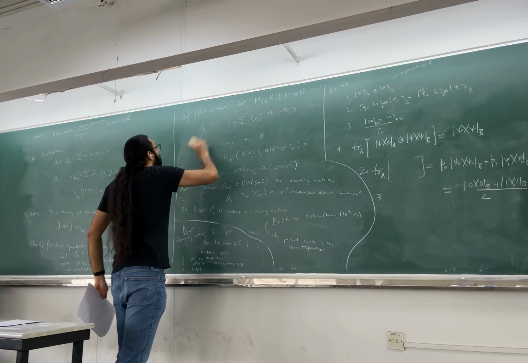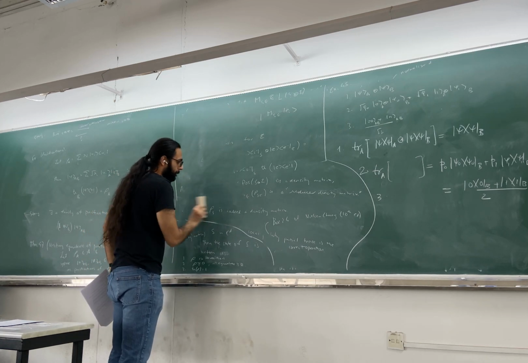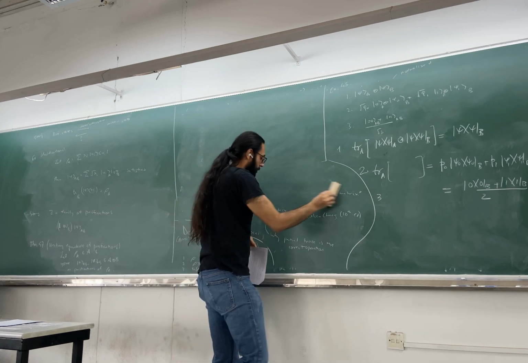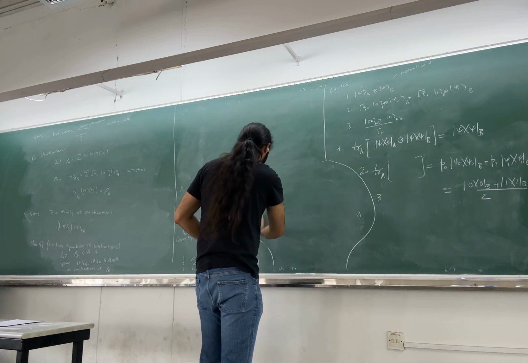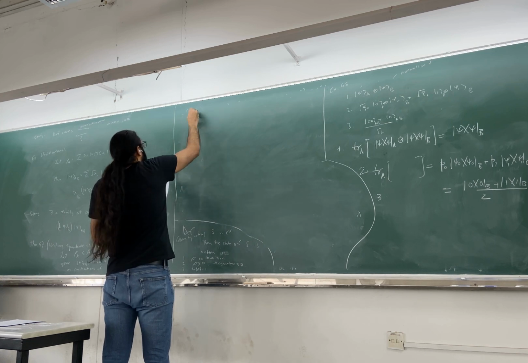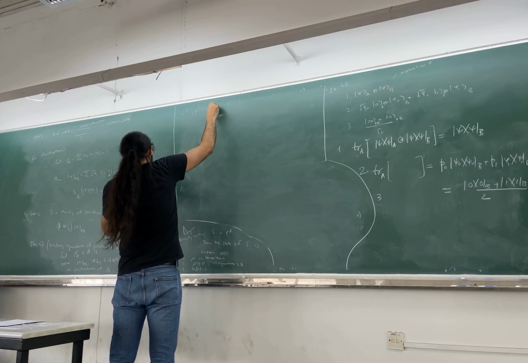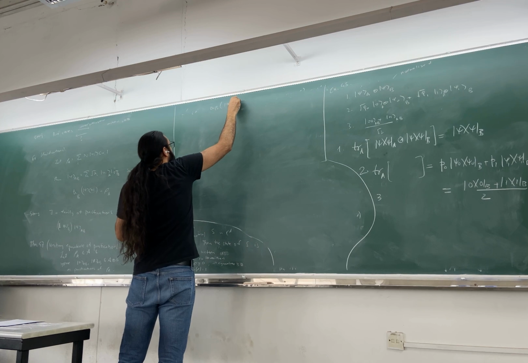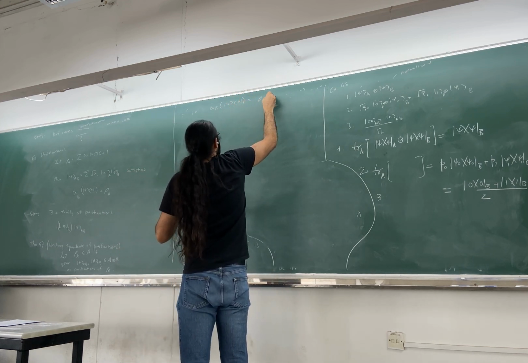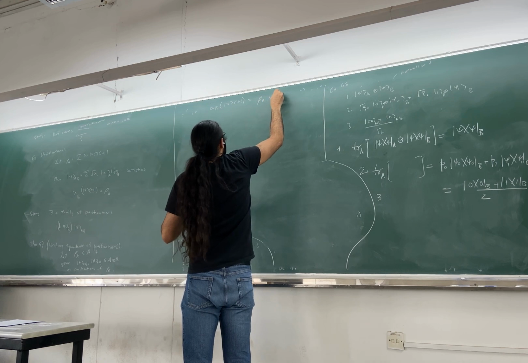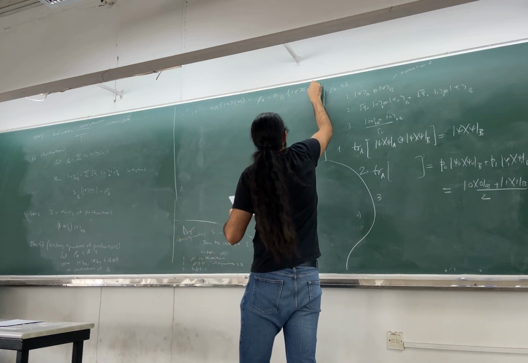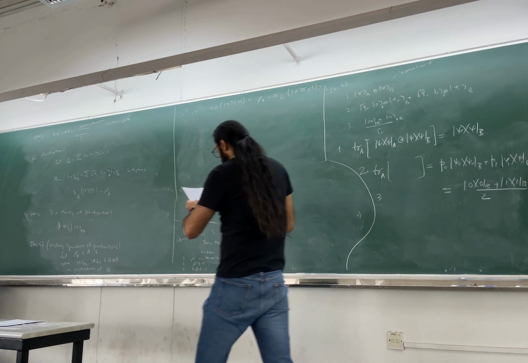What does that mean? That means that if you trace out B of psi, you get rho A, which is the same as if you trace out B of phi.